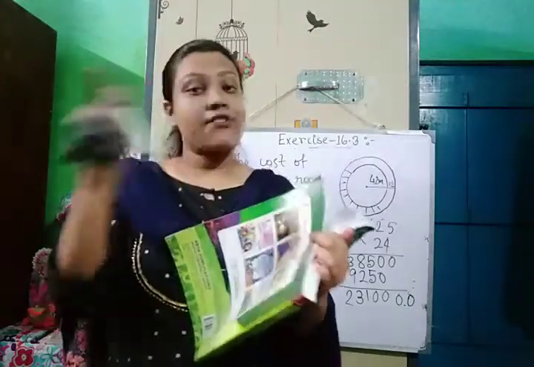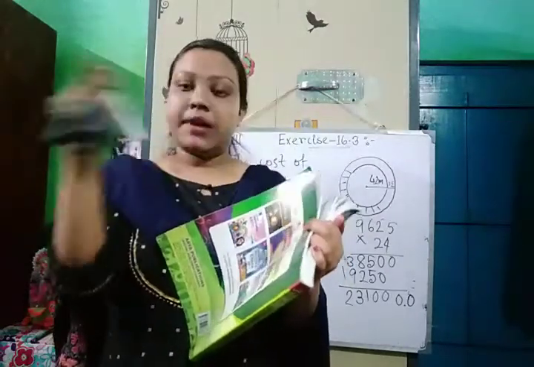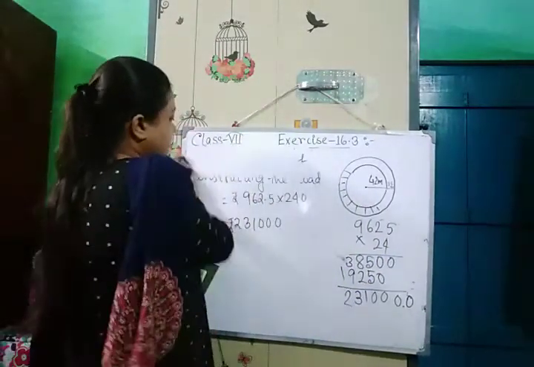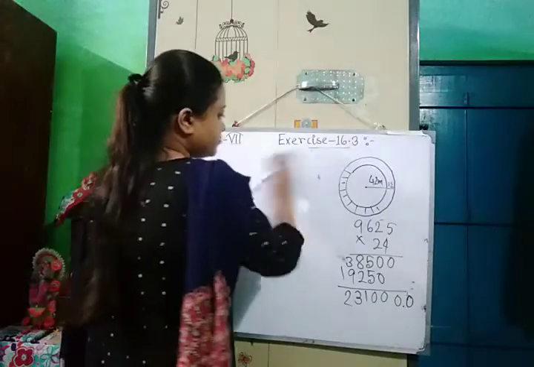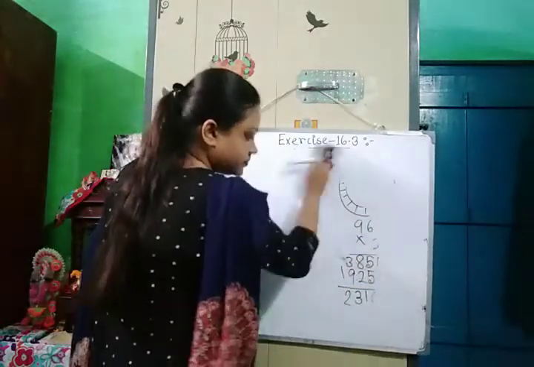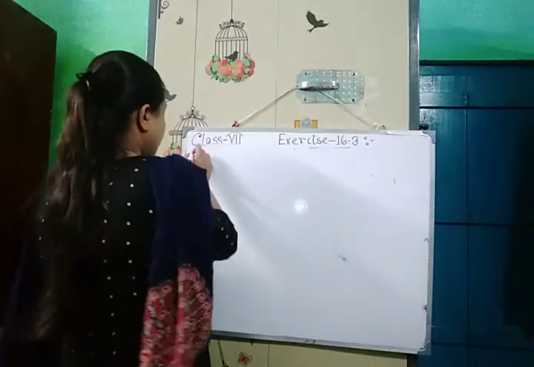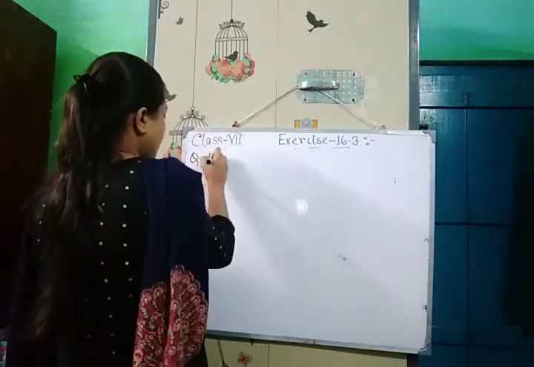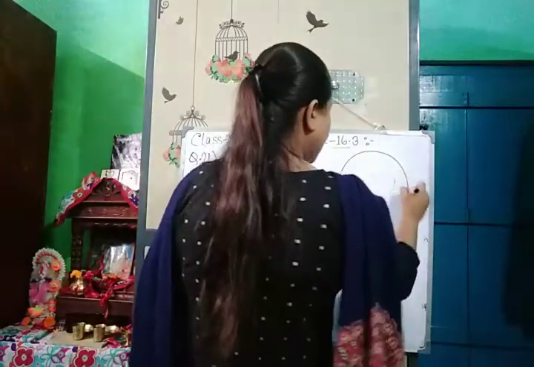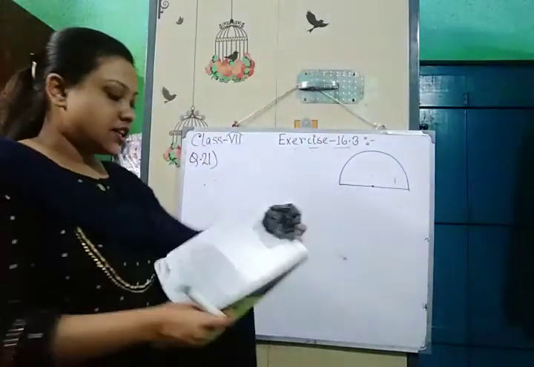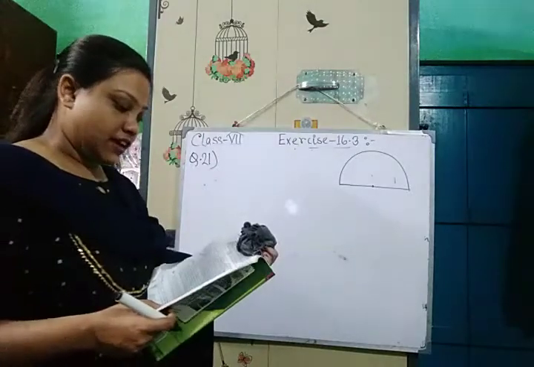Semicircular means half of a circle which is bounded by its diameter. So the picture will be, this is the semicircular arc which is bounded by its diameter. So this is the given figure. Now we need to find out the area.